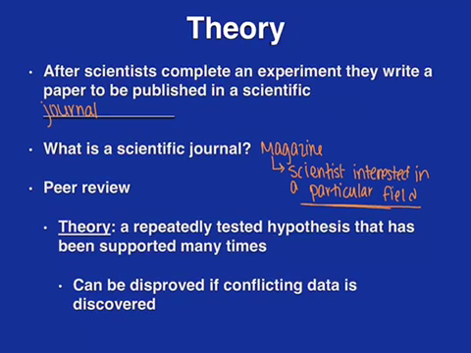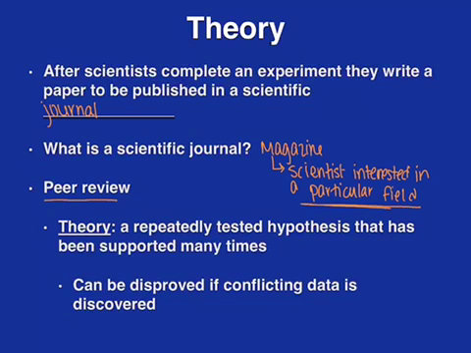So once that paper gets submitted to the journal, it's going to be peer reviewed. So a peer review means that a bunch of other farmers are going to read her paper, analyze her experimental techniques, look at her data, make sure her analysis of her data and conclusion aligns with her data to make sure her experiment was sound.